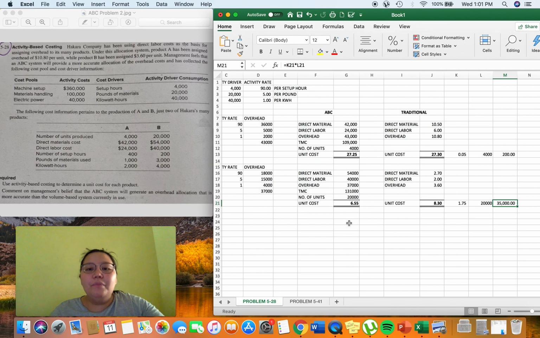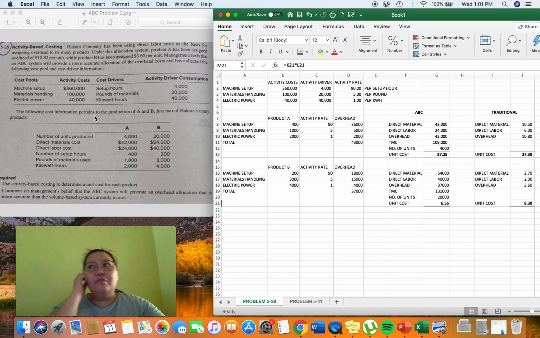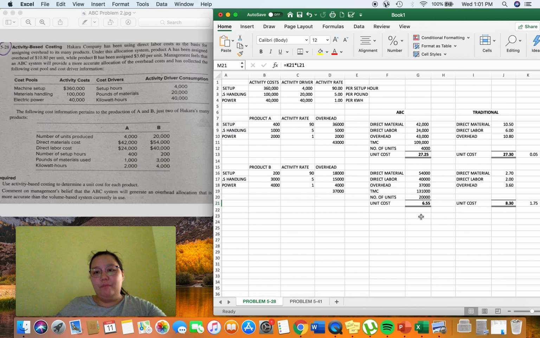So I think if the cost of determining the activity cost pools, activity cost, or the cost of shifting from traditional or volume based costing to activity based costing is reasonable, meaning hindi naman siya ganun kataas, the company may shift to activity-based costing because it will generate a more accurate cost information for the products.